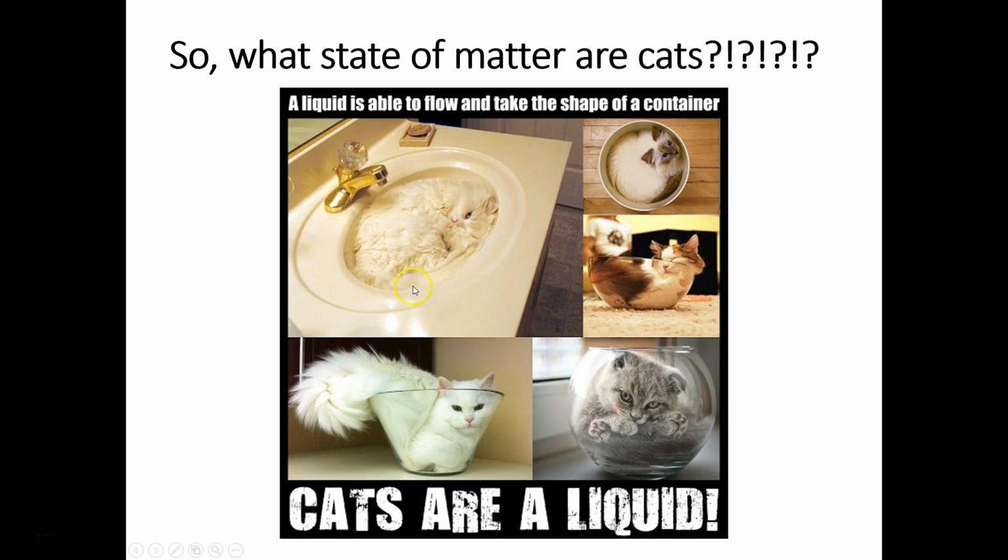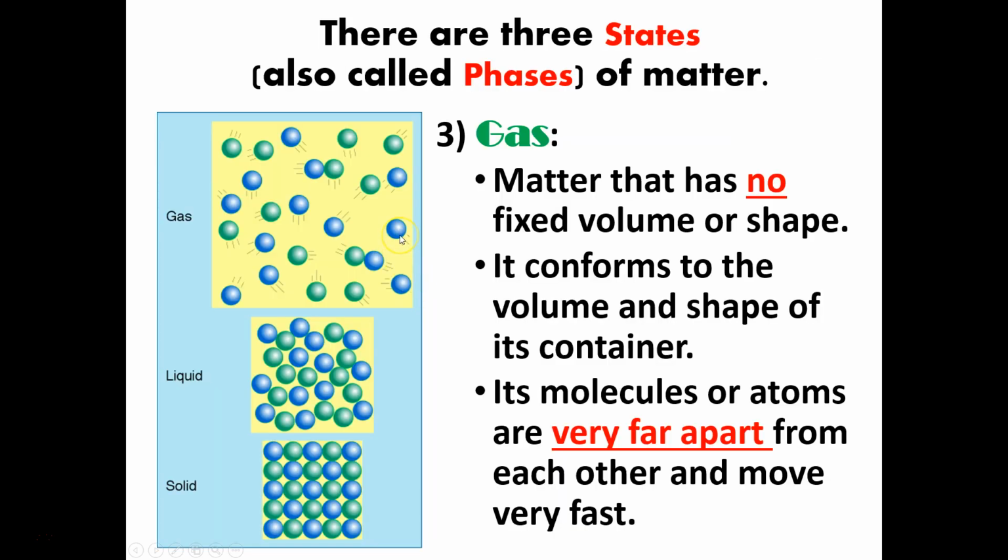But in any case, the third state of matter is a gas, of course, and that state has no volume and no shape. It can expand to take up as large a container as possible, or it can be compressed to fit into as tiny of a container as possible.